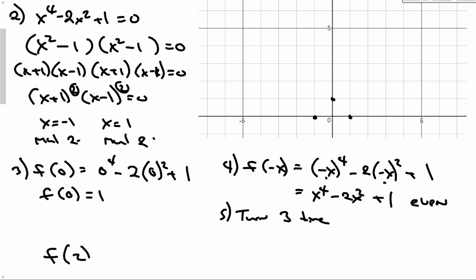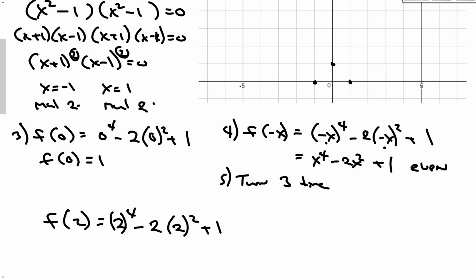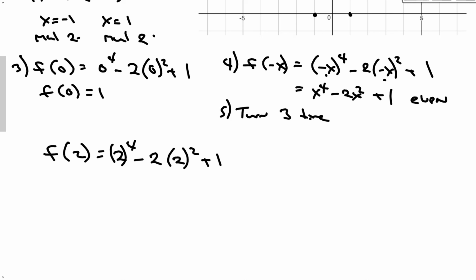f of 2. And that's going to be 2 to the 4th power minus 2 times 2 squared plus 1. Need a little more room here. Okay. So when I calculate this, 2 to the 4th power minus 8 plus 1 gives me 9. Okay.